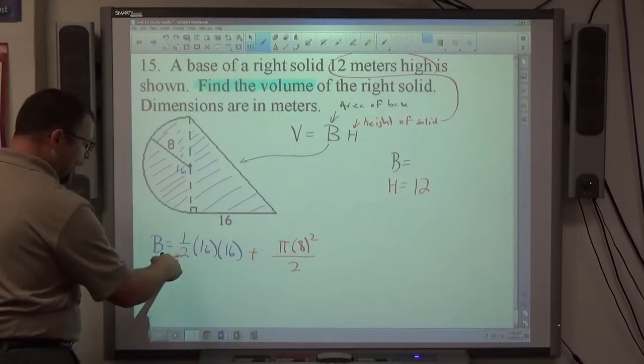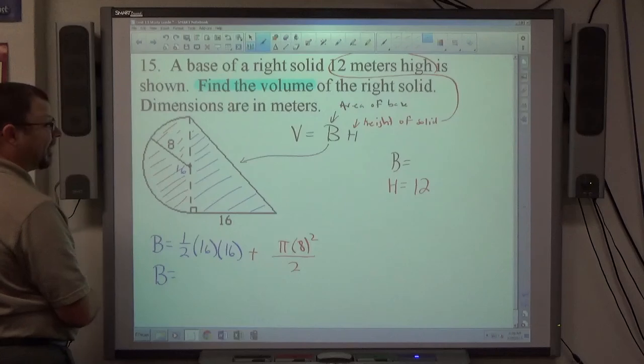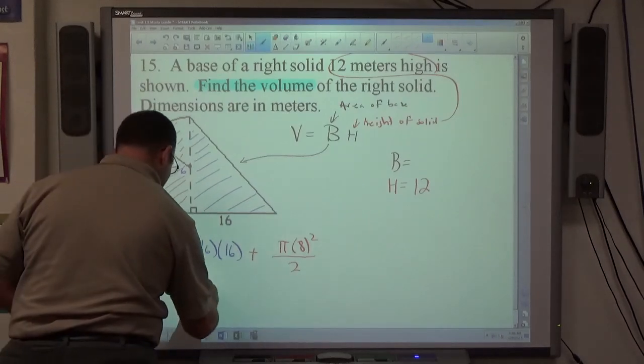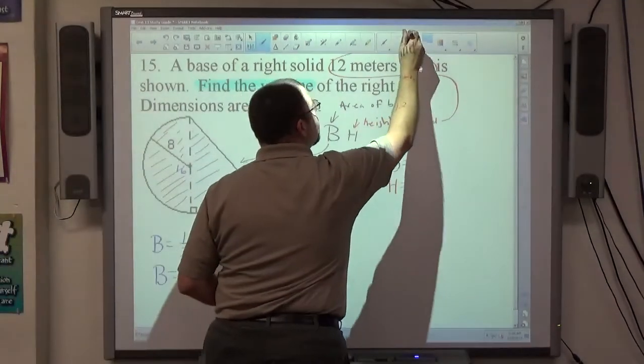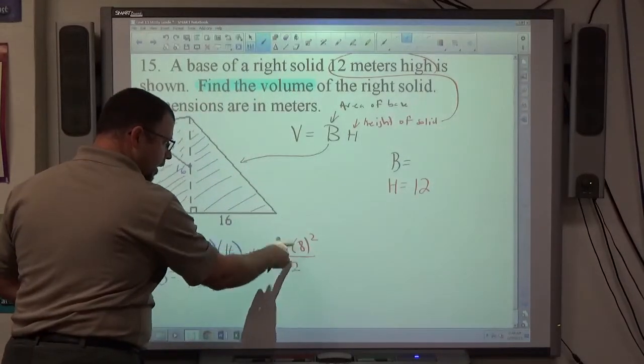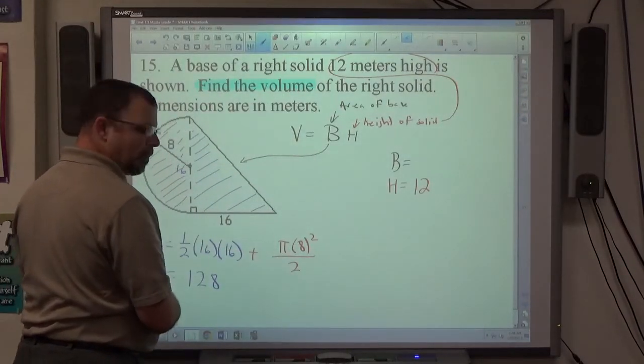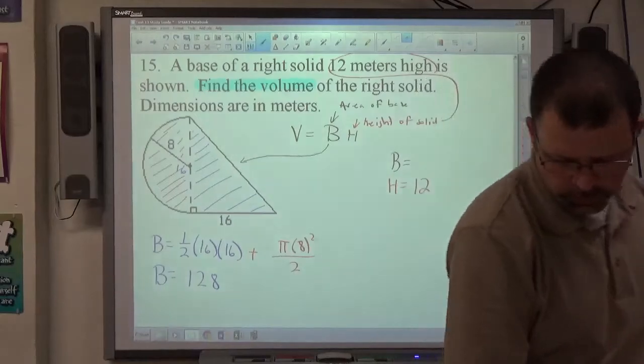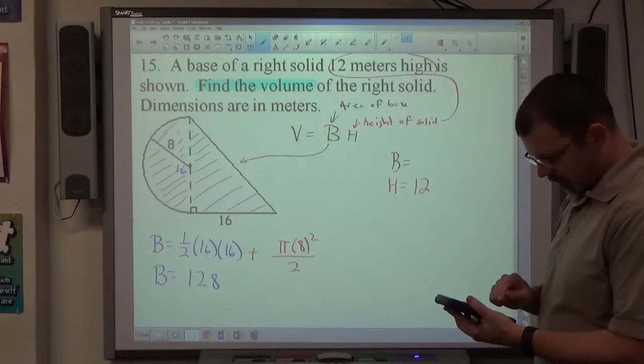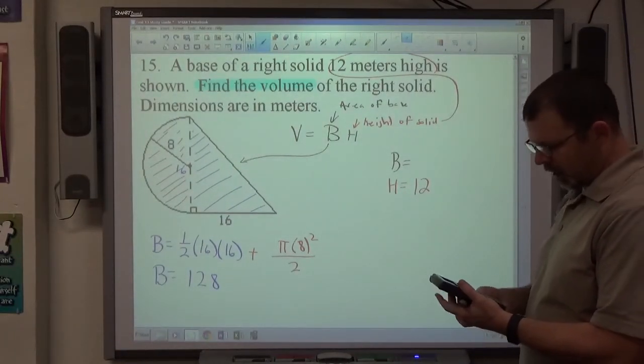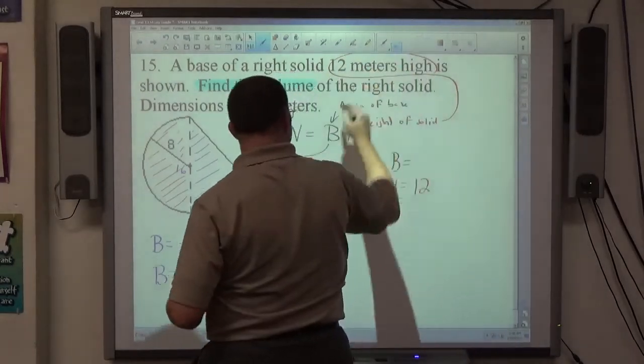If I work this out, half of 16 is 8, 8 times 16 is 128. 8 squared is 64 times pi over 2. 64 times 3.14 divided by 2 comes out to 100.48.